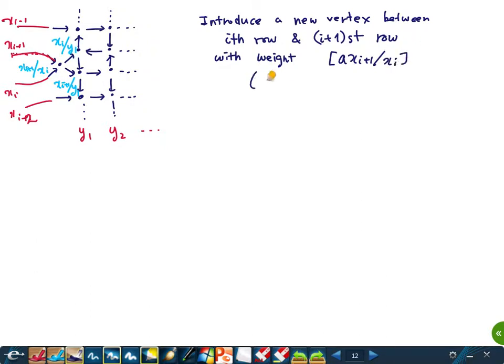In other words, the label is xi plus 1 over xi. Because here, rotate this like 45 degrees, then this new vertex looks like this, right? And this corresponds to xi plus 1. This corresponds to xi, so it is really the same. It really meets the definition of the weight.